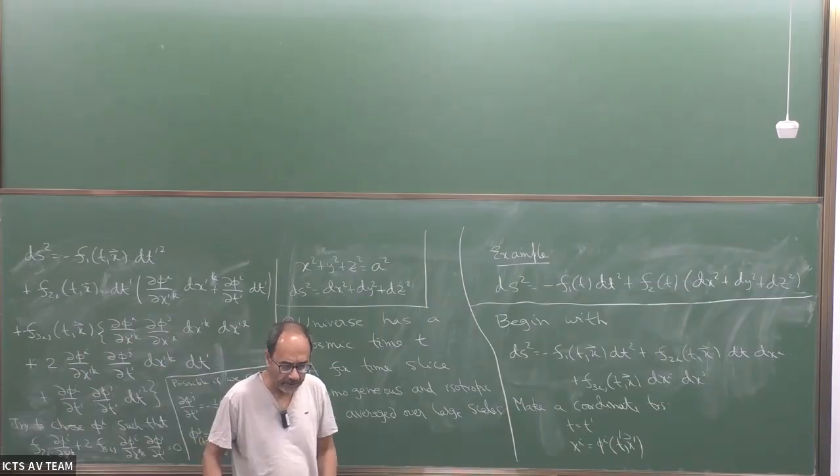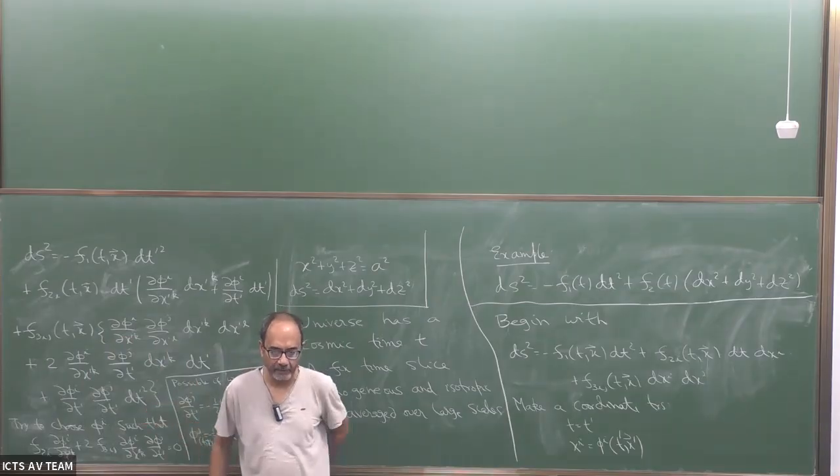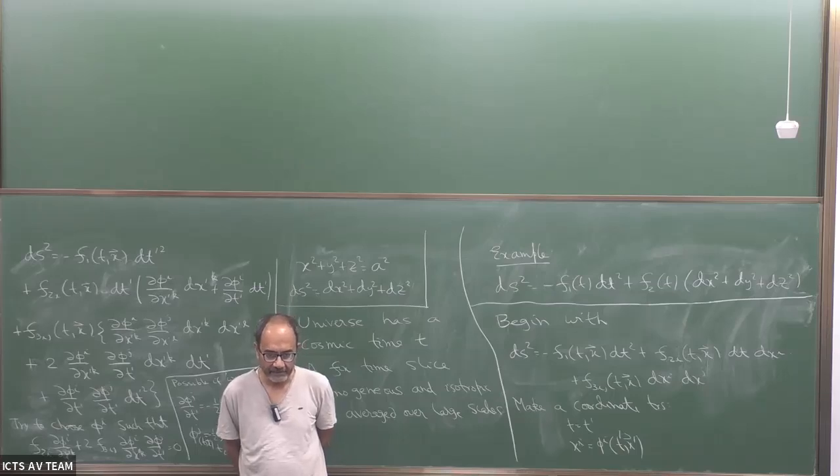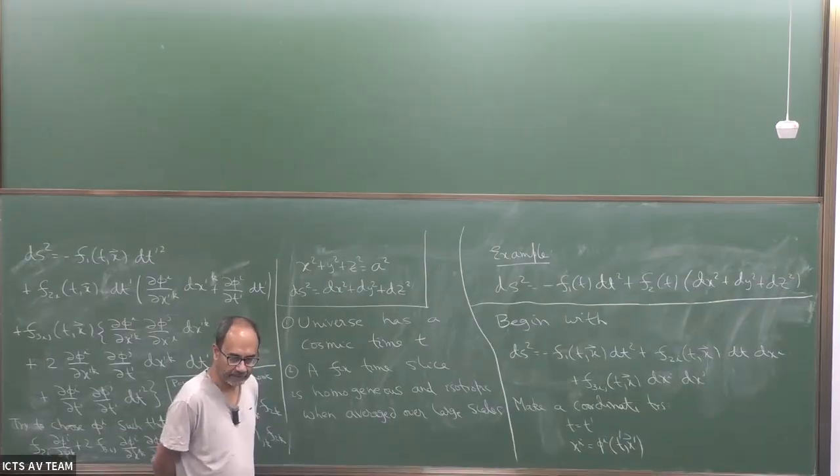Yes, you can add a constant which is an arbitrary x prime dependent constant, but that doesn't depend on t prime. So that freedom you have, but otherwise the t prime dependent part, the x prime dependence, also gets fixed. Is that clear?